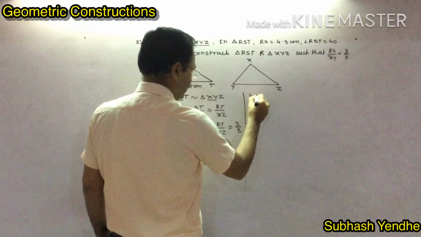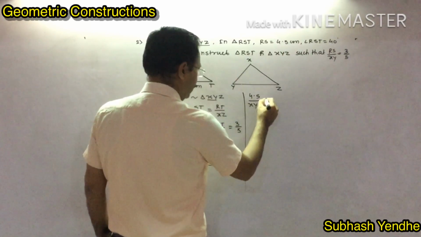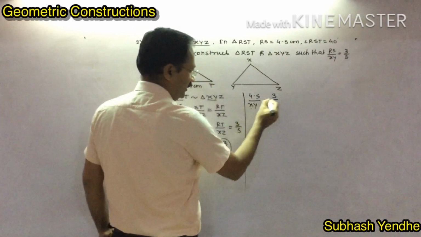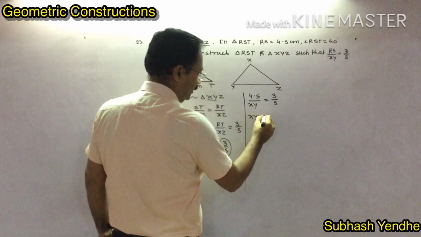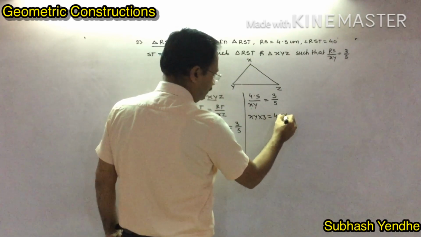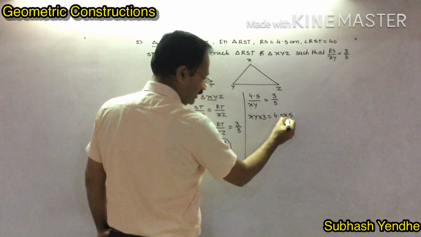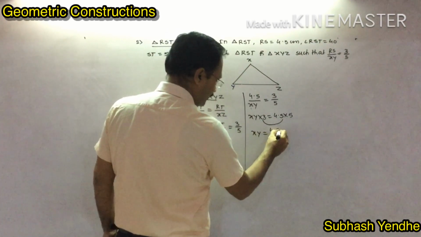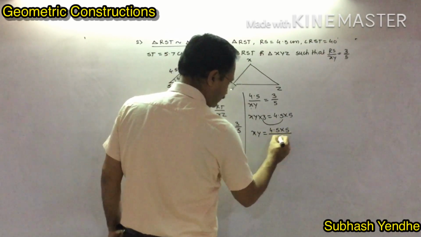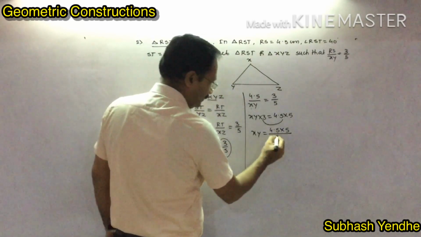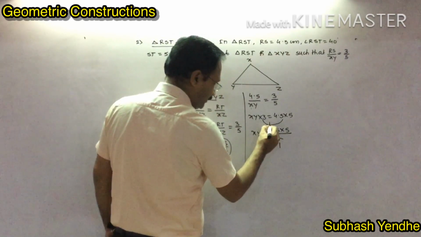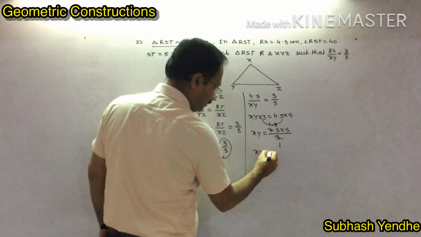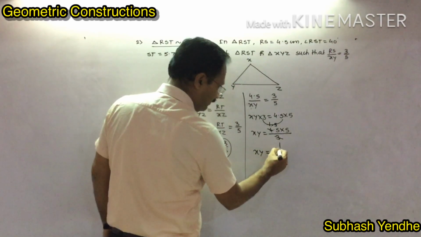So 4.5 upon XY equals 3 upon 5. Now cross multiply: XY into 3 equals 4.5 multiplied by 5. 3 goes on that side, so XY equals 4.5 multiplied by 5 divided by 3. 3 ones are 3, remaining 1, 3 5s are 15. So XY equals 15 5s are 75.